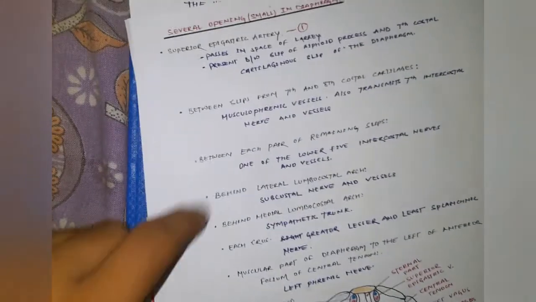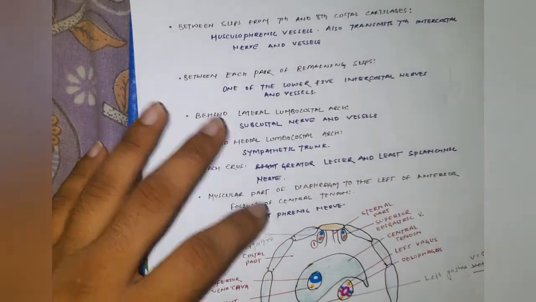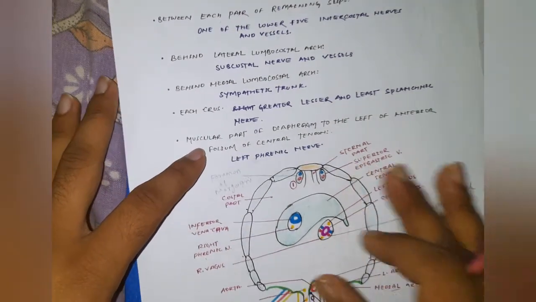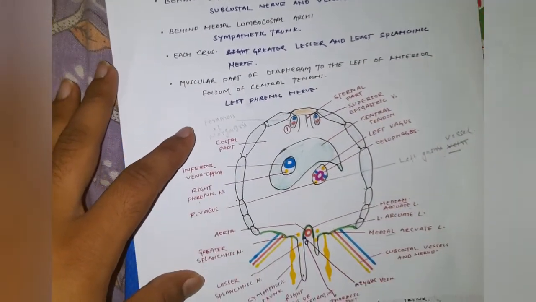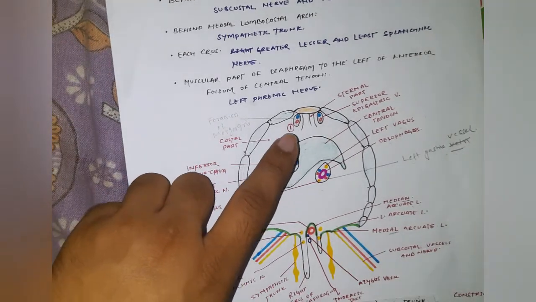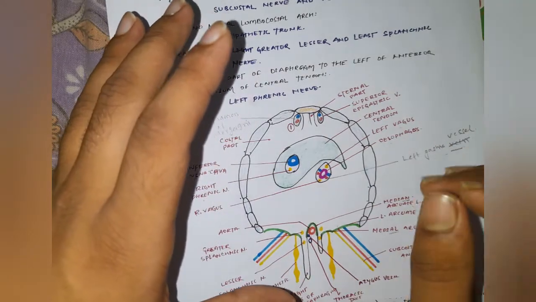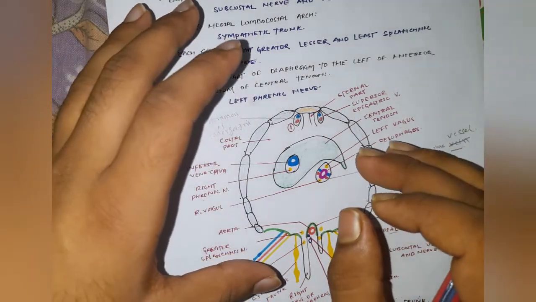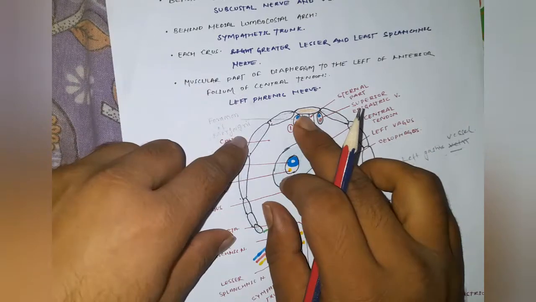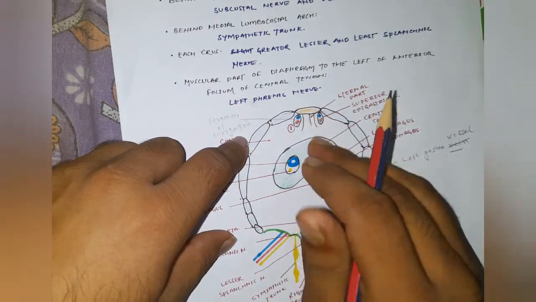Now we go forward, and several openings are present in the diaphragm. Small openings, there are so many small openings. First is the superior epigastric artery, present in the space of Larrey, between the slip of the xiphoid process and the seventh costal cartilaginous slip of the diaphragm.